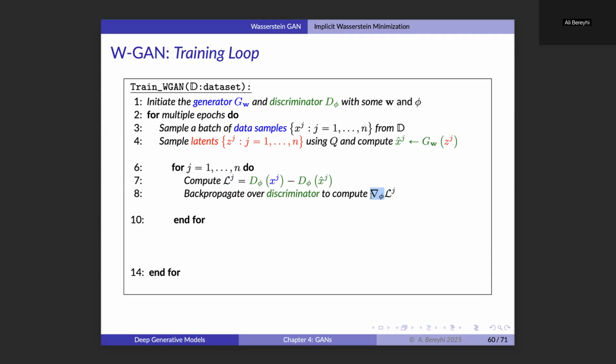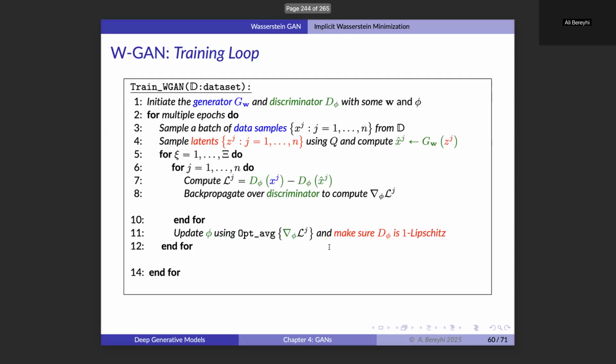Now, one point that I mentioned last time as well: we are going to update the discriminator in every iteration. And then we also define some sort of outer loop iteration, which is Z here. Not in every inner loop iteration are we going to update the generator.